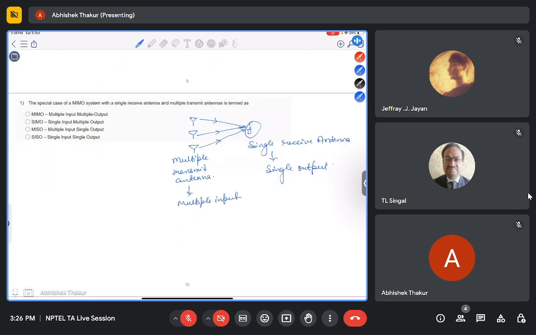So this type of MIMO is known as MISO, that is multiple input and single output. So option C is the correct answer for this.